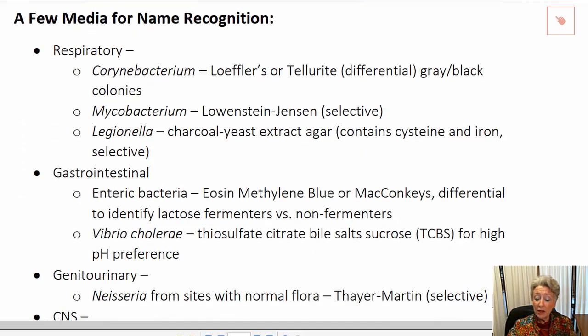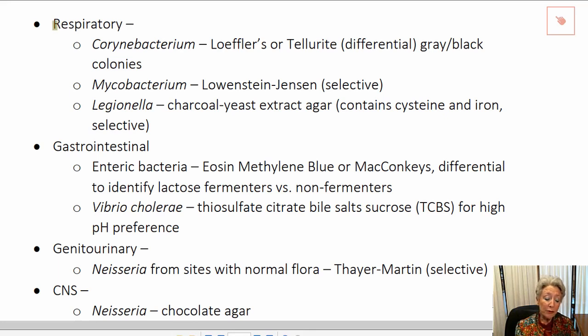So out of the media that I think you probably should know from the point of view of them being likely to be mentioned in a case history because they tell you something about the causal agent. Remember, out of the respiratory agents, Corynebacterium is grown on either Loeffler's egg yolk agar or tellurite, which is a differential agar allowing us to see the grayish-black colonies that would distinguish Corynebacterium diphtheriae.